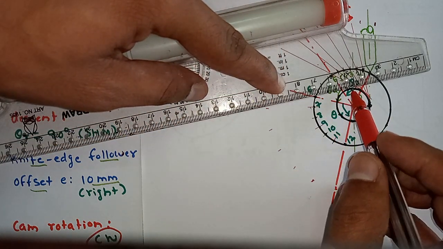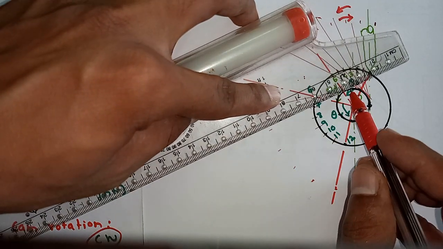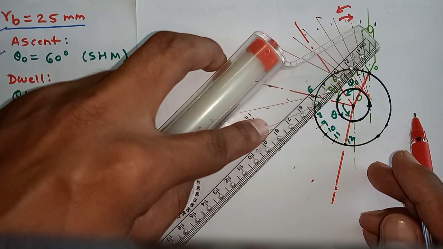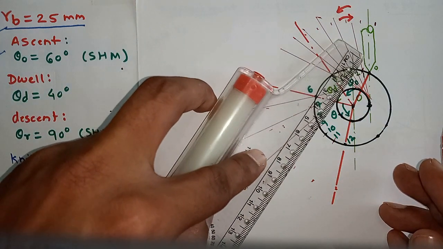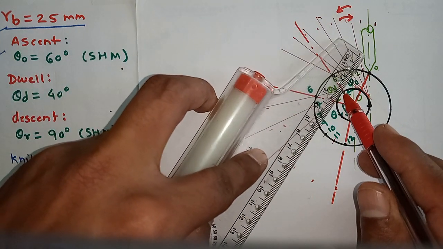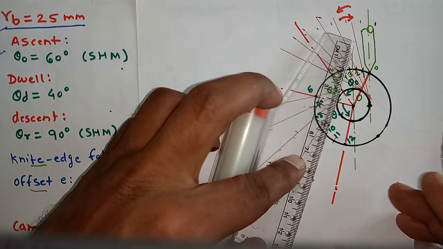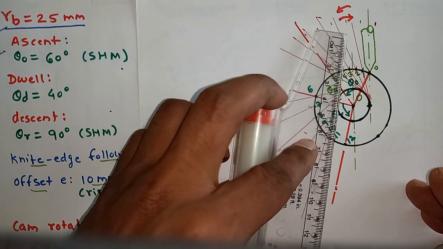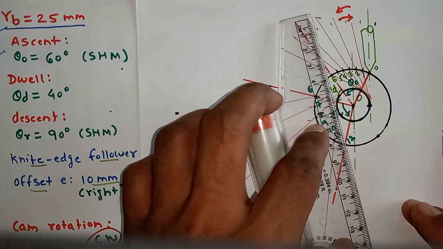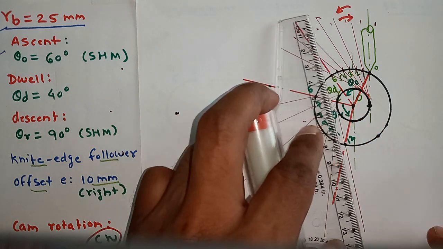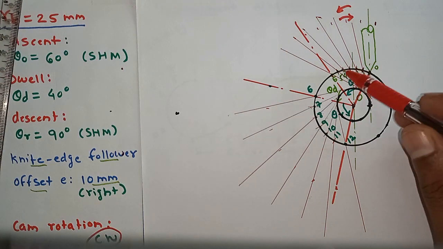So this is the first one, point number 7, point number 8, point number 9, point number 10, this is point number 11, and this is point number 12. So these are the lines of stroke of the knife edge follower at these particular instances.